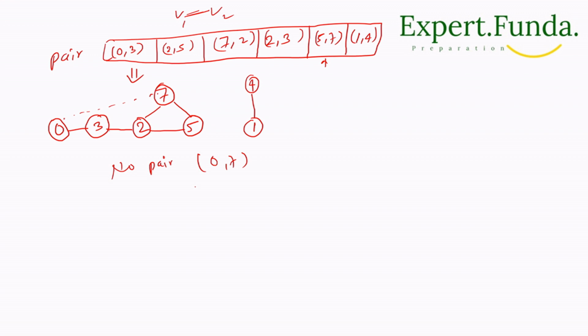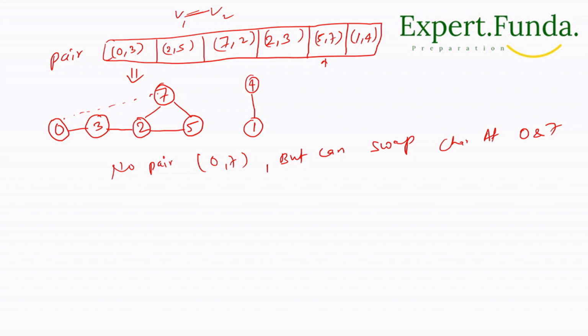But we can still swap the character at 0 and 7, got it? The characters at 0 and 7 we can swap, right? Because we have the linking.